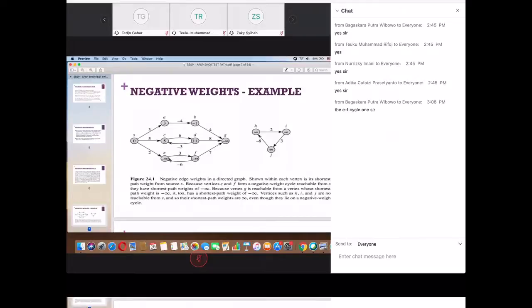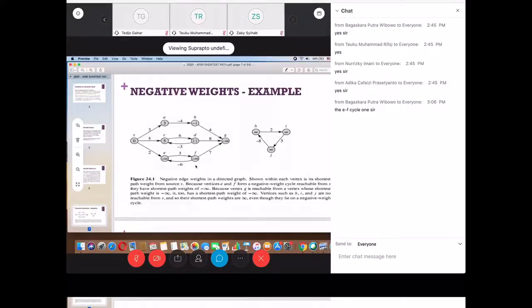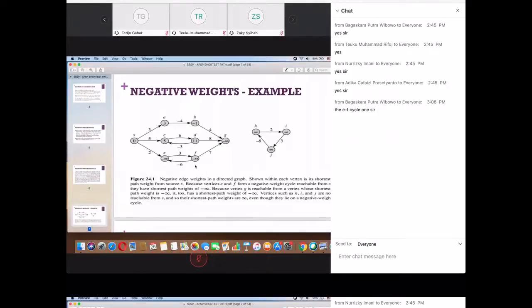Okay. Because when you have this negative weight cycle, then you can make the path smaller, and finally you can get minus infinity, because the value you sum with a negative number keeps getting smaller, right?